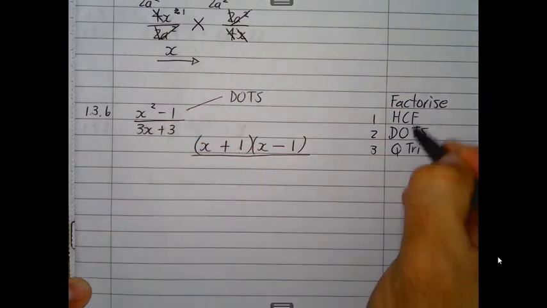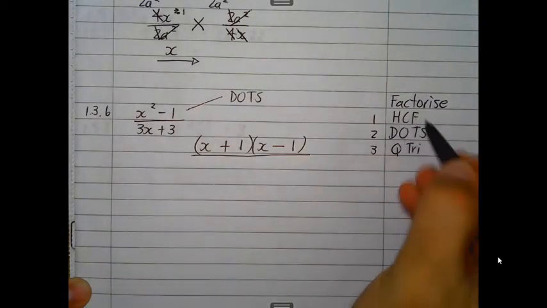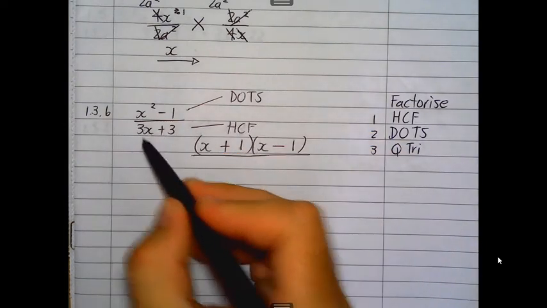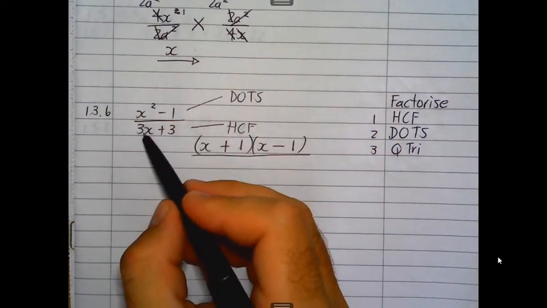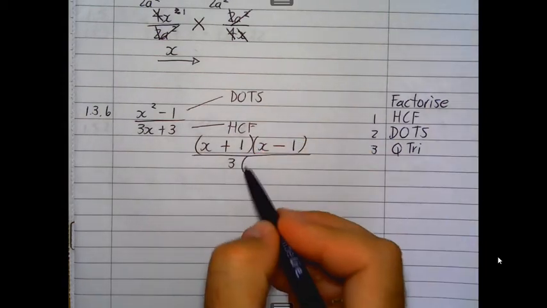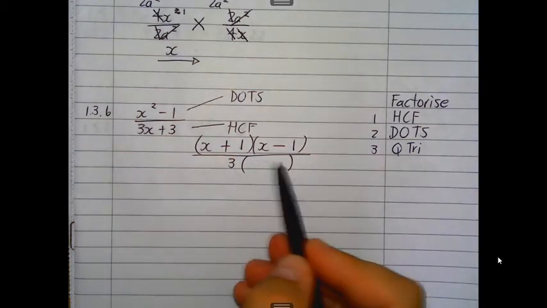At the denominator, we're also going to have to factorize. Which of our three methods are we going to use? The answer, highest common factor for the denominator. So what is the highest common factor? What goes into 3x as well as 3? And the answer, 3. So we take 3 out as an HCF and we open a bracket for what remains.